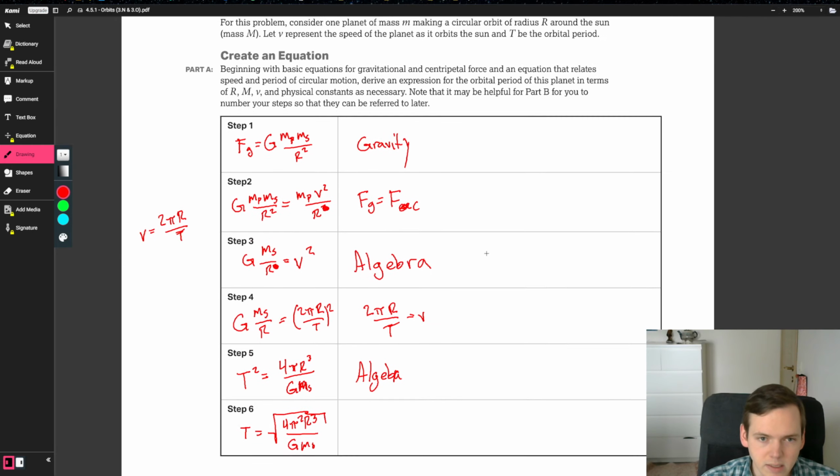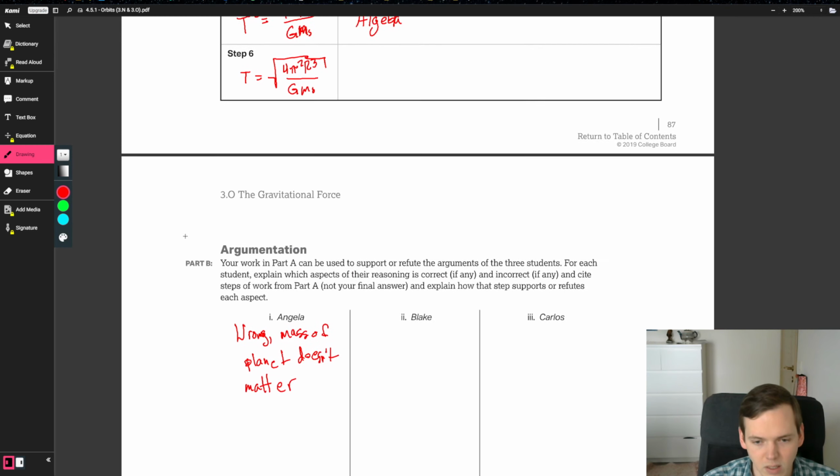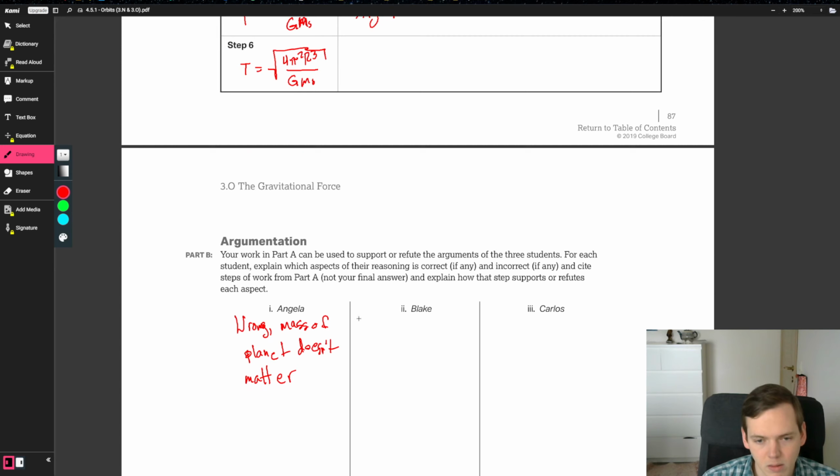And so Blake said all planets move at the same speed, but we know that's not right. v is equal to 2 pi r over t, not all the same speed.